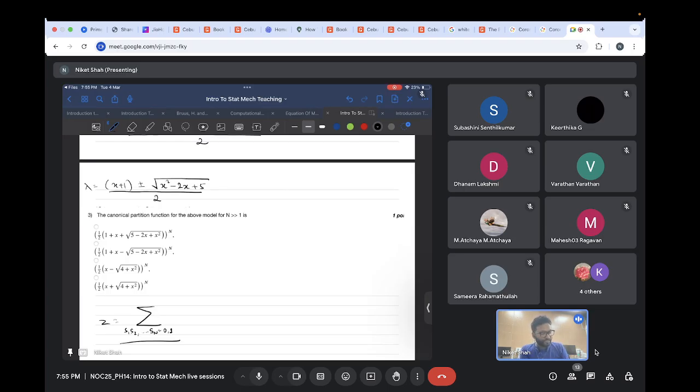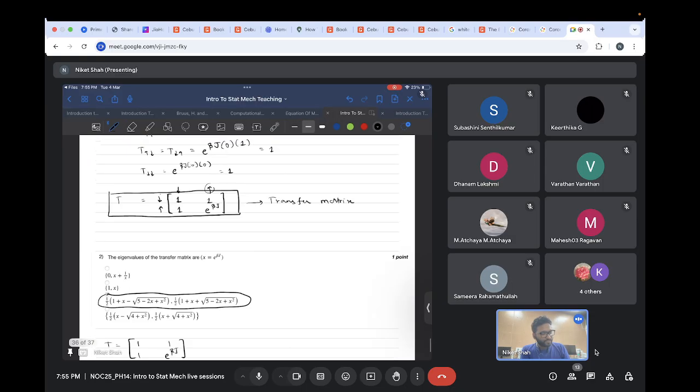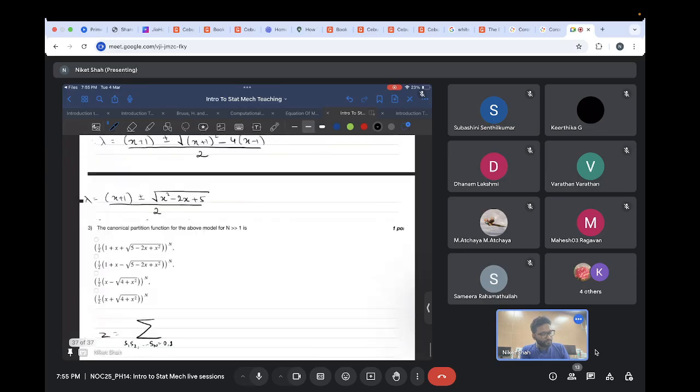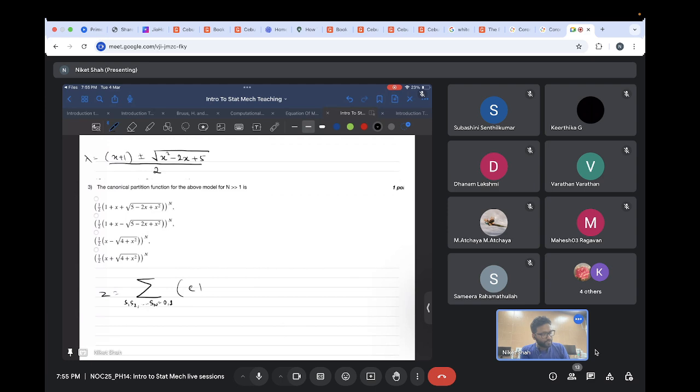This summation is what trace actually means. It is e raised to power beta j s1 s2, e raised to power beta j s2 s3, and so on till e raised to power beta j sn s1.